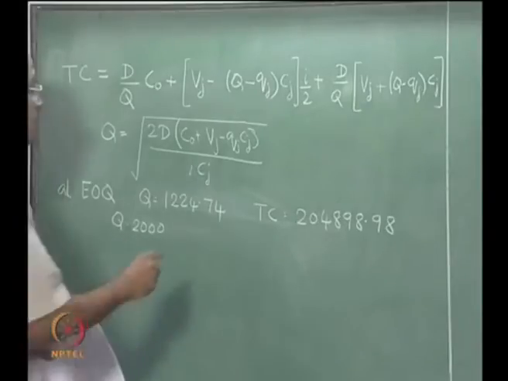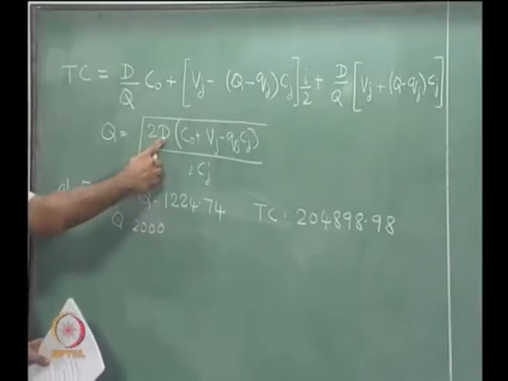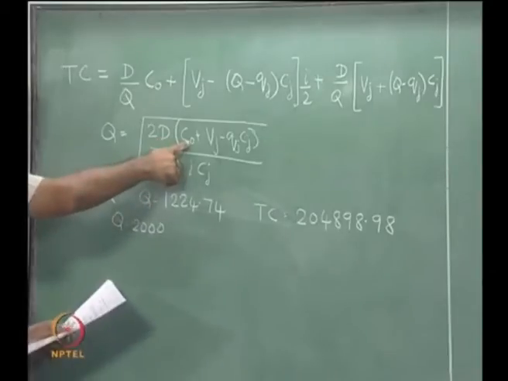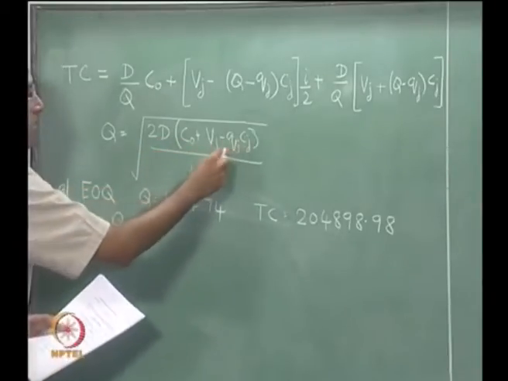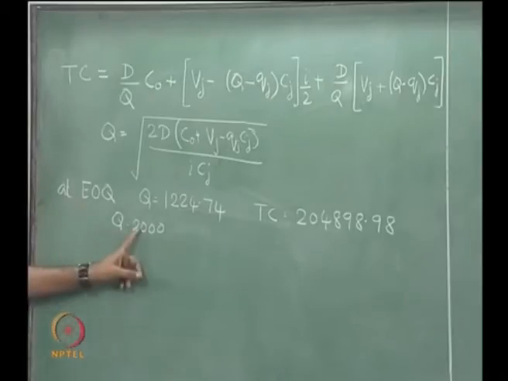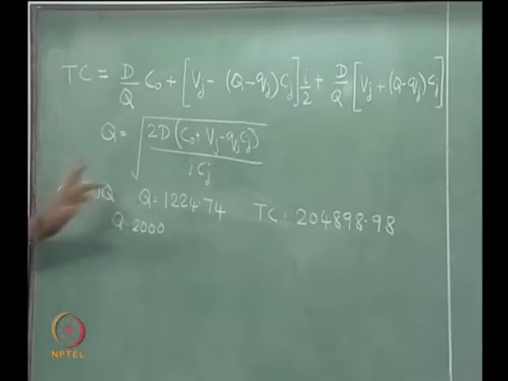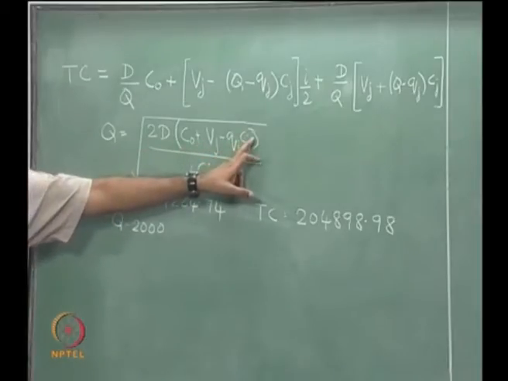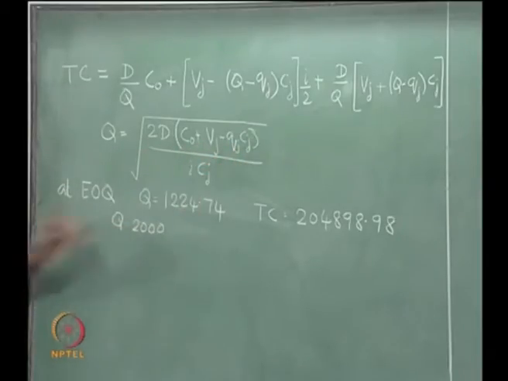At Q equal to 2000, now we need to substitute. So, you get 2 into 10,000 into 300 plus 2000 is the gain. For example, at 2000, 5% of 20 is 1 rupee. So, Vj minus Qj Cj is 2000 into 1.